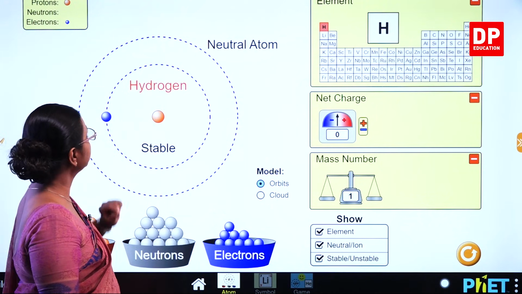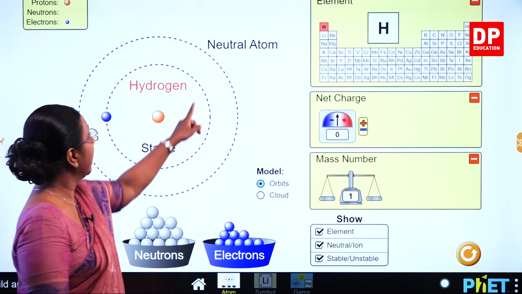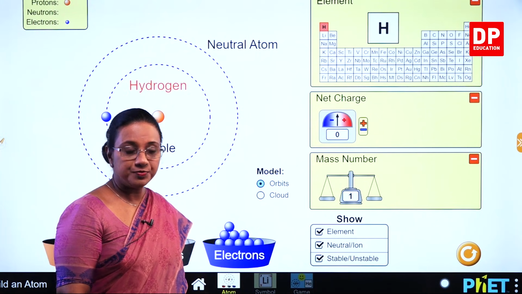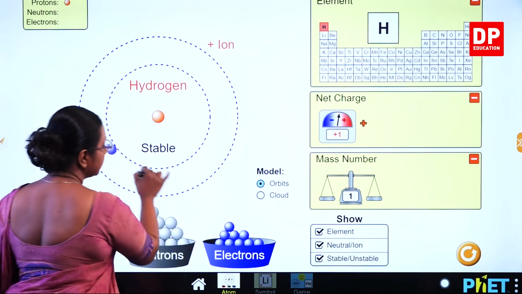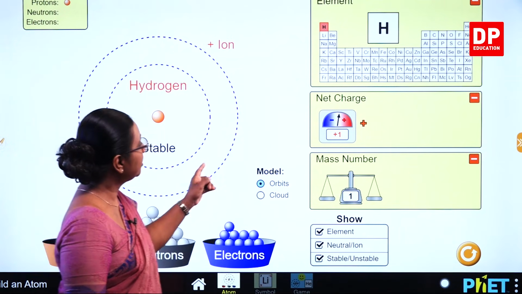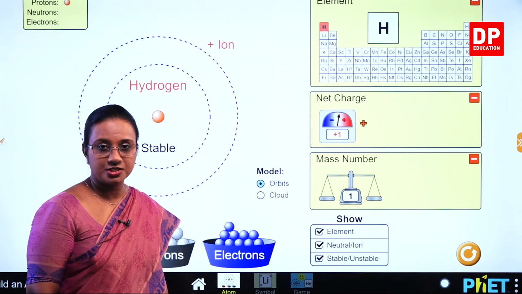It has 1 positively charged proton, 1 negatively charged electron, and it is a neutral atom. The charges are equal. From this, I can take out an electron. Then you can see it becomes positively charged.